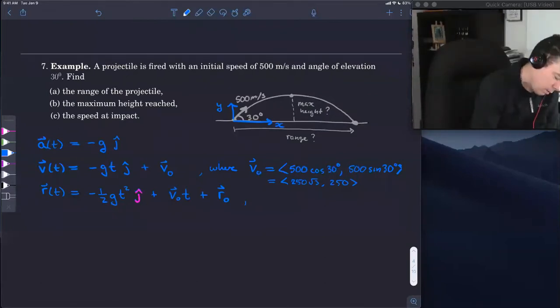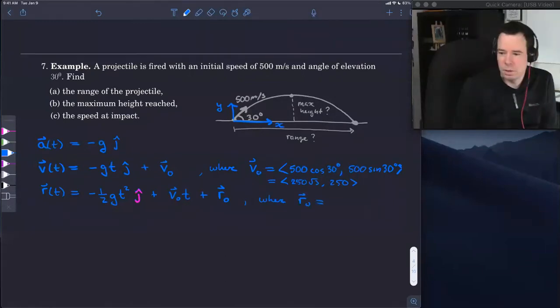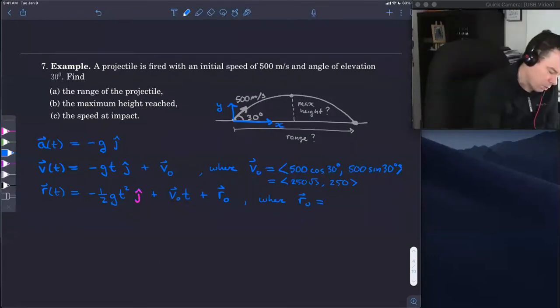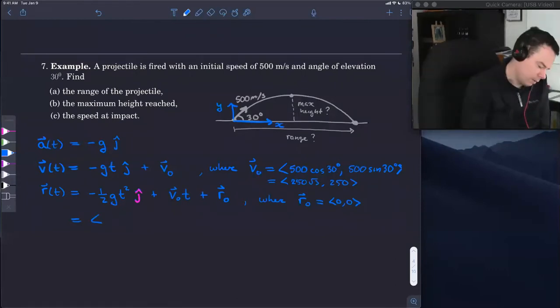And in this next one, we needed to know what r naught is, but r naught is just the initial position, and we've taken our coordinate axes to originate at the launch point, so this is going to be 0, 0. And so now we've got all the information we need to fill in what this is. This is 250 root 3 and 250, oh, I've missed my t there because it's v naught t, so it's 250 root 3 t.